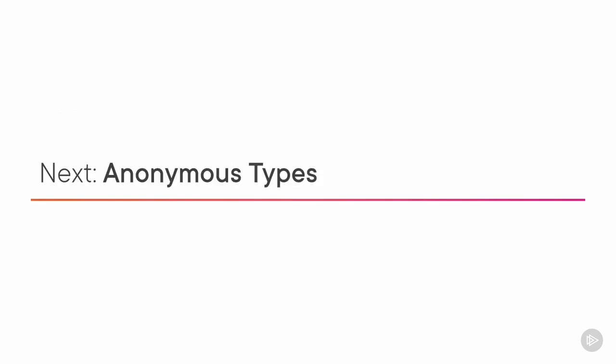With collections in mind, I'd like you to think about the following. When you filter through a collection, or only want to select a subset of the properties available on the type, it would be really handy if there was a way to create a tiny representation of only the data that you want to use.